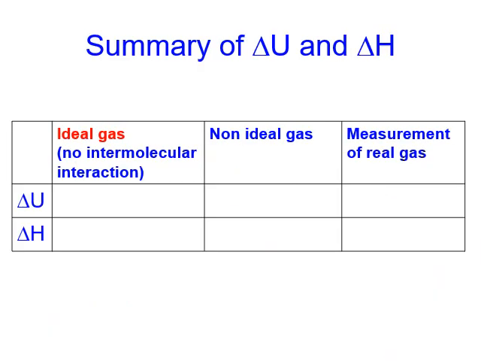Here's a summary of delta H and delta U. For ideal gas, since there's no intermolecular interaction, there's no potential energy, so delta U is a function of temperature only, so it's Cv delta T. Similarly, delta H also depends only on temperature, so it's Cp delta T. Now for non-ideal gas, internal energy changes with volume, and enthalpy also changes with volume or pressure, and therefore you need to add a derivative of internal energy over volume times volume change.